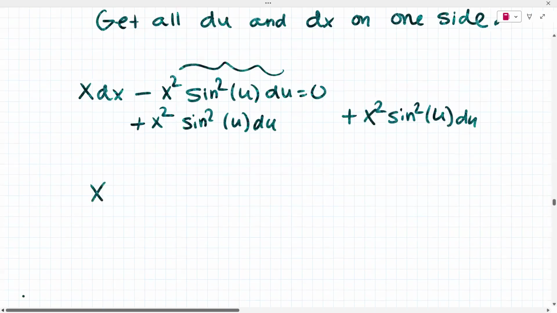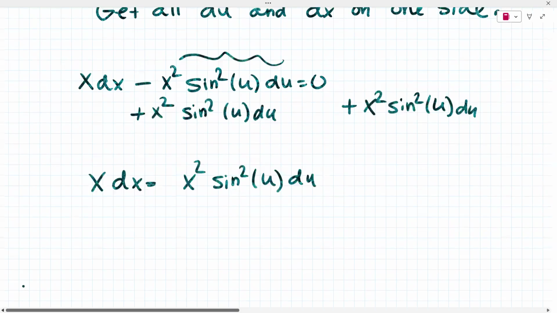You get x dx on the left, and on the right, you're left with x squared sin squared of u du, and then cross multiply.